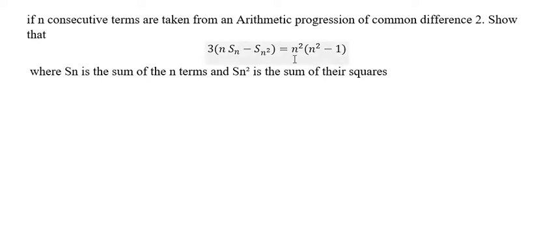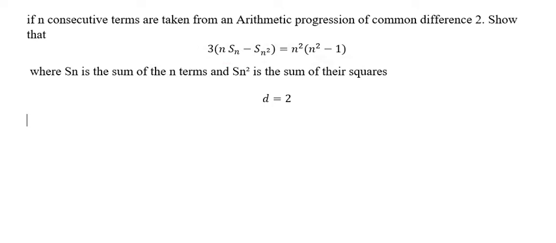We know that we have a common difference of 2, so d equals 2. The next thing we need to find is Sn, the sum of n terms.